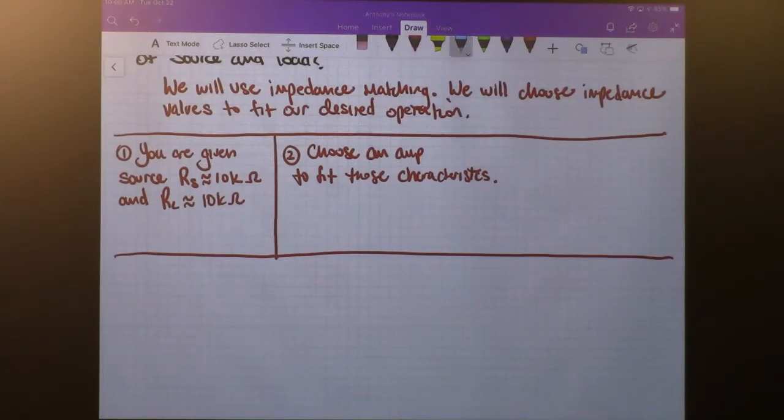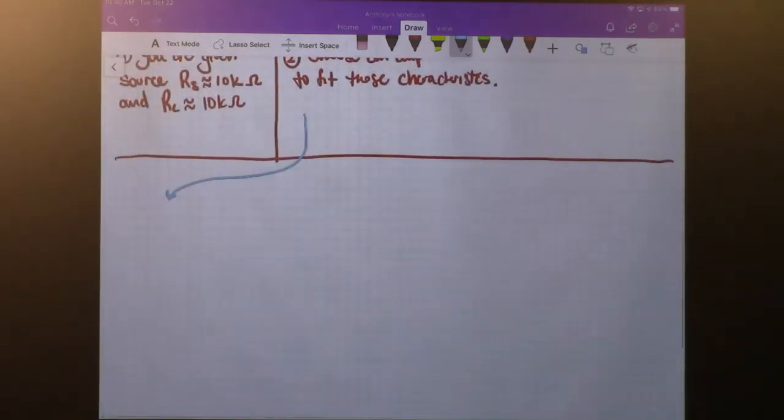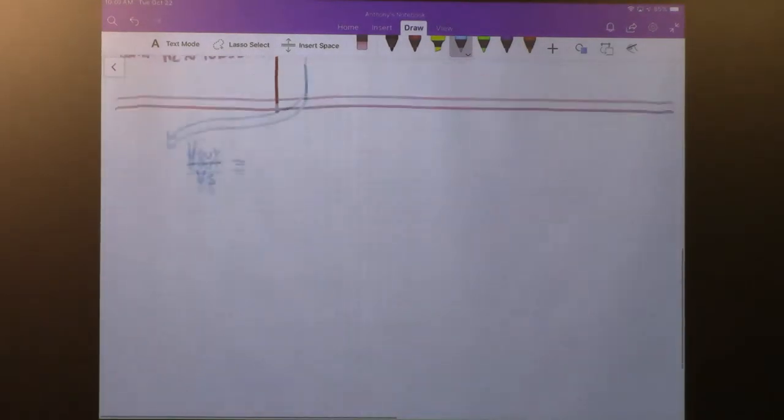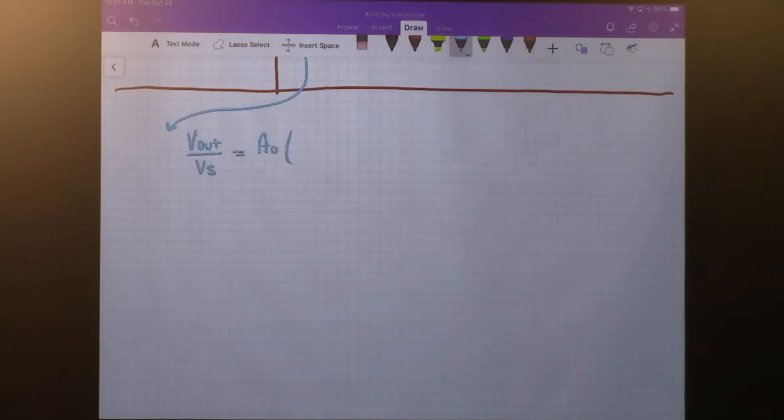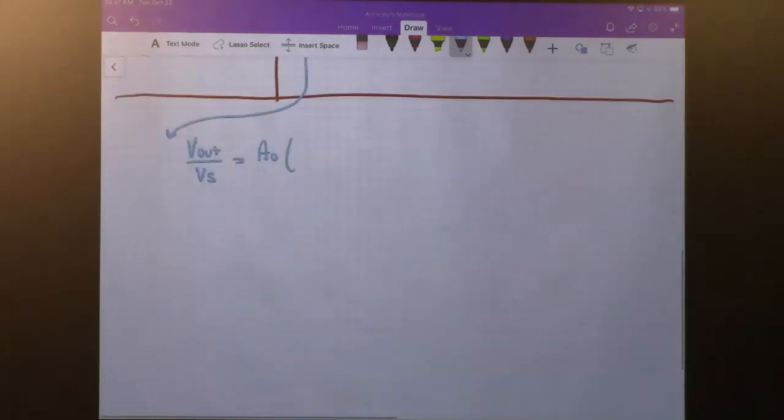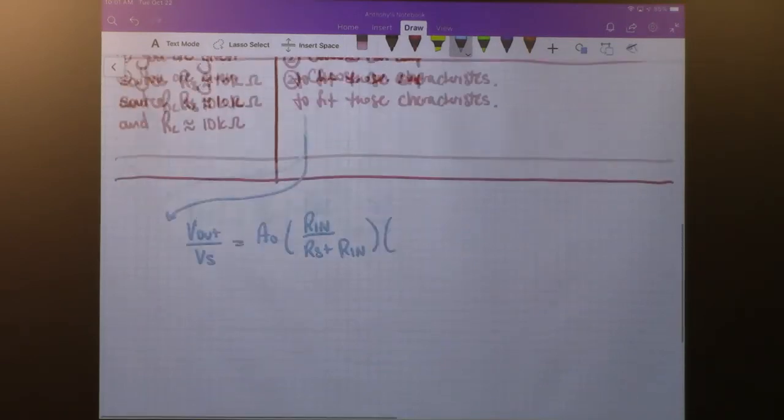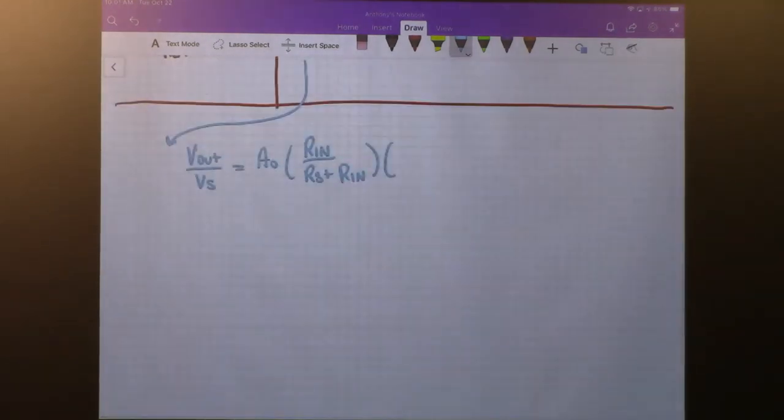So I'm going to write this expression, the one we used before. So we have V out over Vs equals... So that's the expression we had so far.